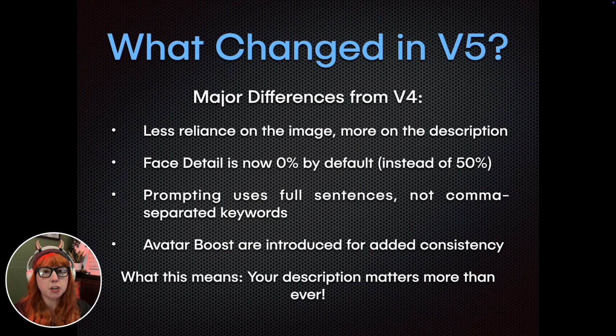Okay, so what's changed in V5? I know a lot of us were here for the V3 to V4 transition. I feel like V4 to V5 is a bit more of a jolt than 3 to 4 was, because 3 to 4 used the same background process.